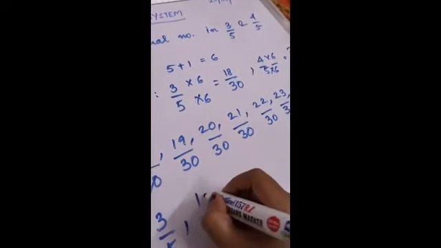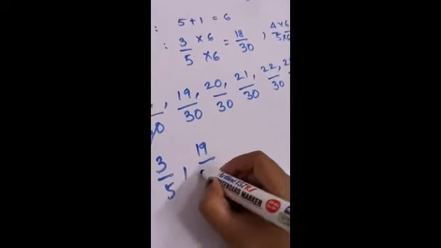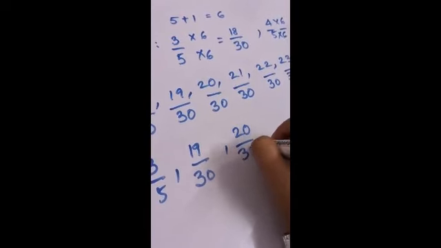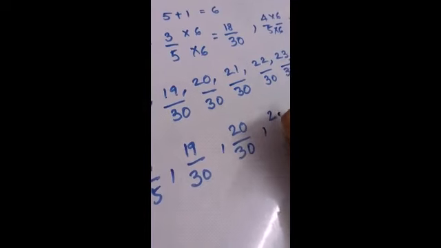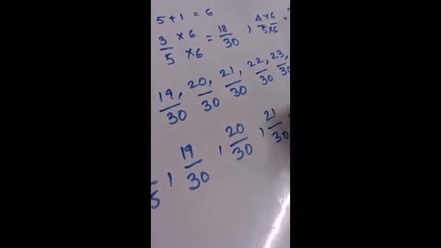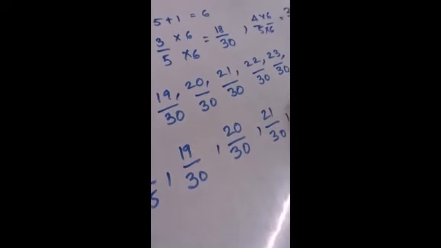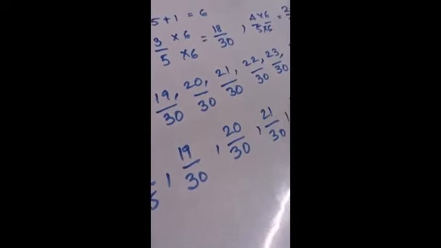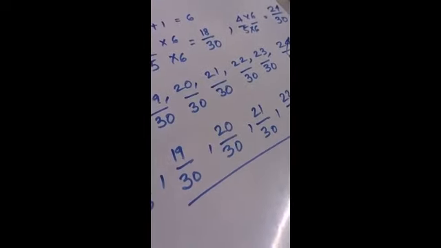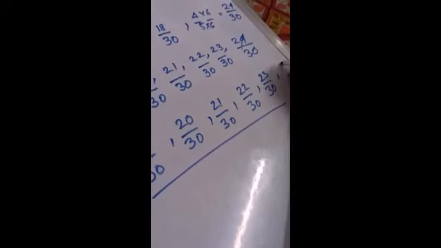So you can say 19 by 30, 20 by 30, 21 by 30, 22 by 30 and 23 by 30 are the 5 numbers that are between 3 by 5 and 4 by 5.